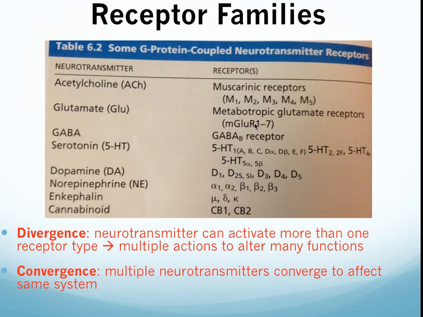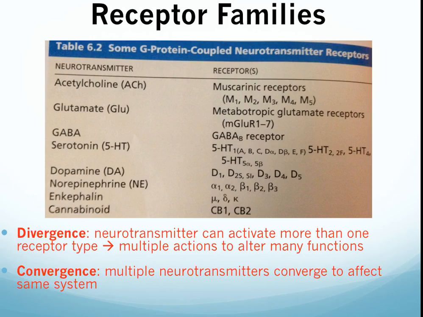And when you add these all up together, what we see is that a lot of times multiple neurotransmitters will converge to affect the same system. We already saw an example of how we can increase the firing of a cell. And we can also increase intracellular calcium, which can cause us to phosphorylate channels, which will then increase the amount of ions that can come into the cell.